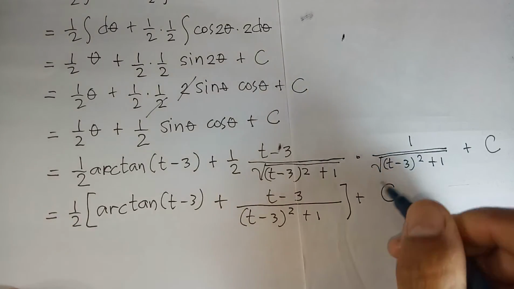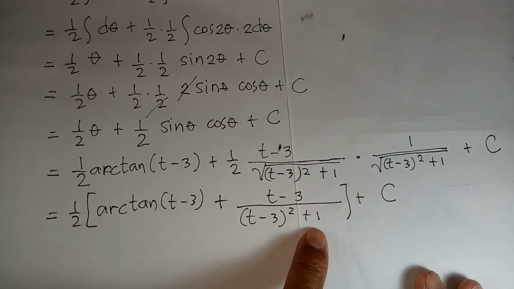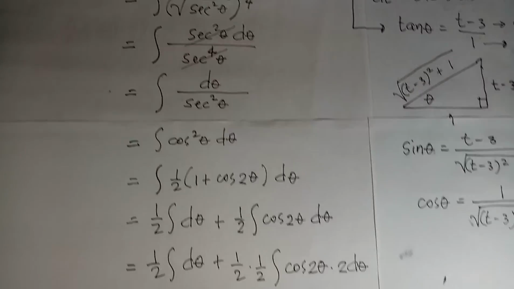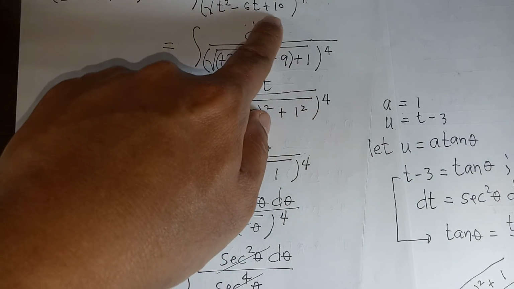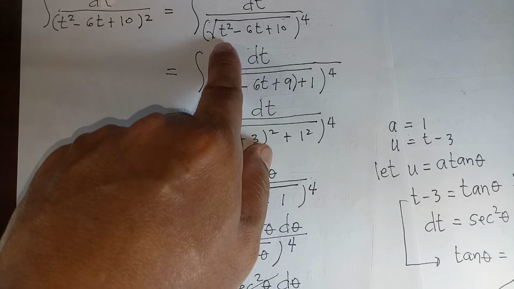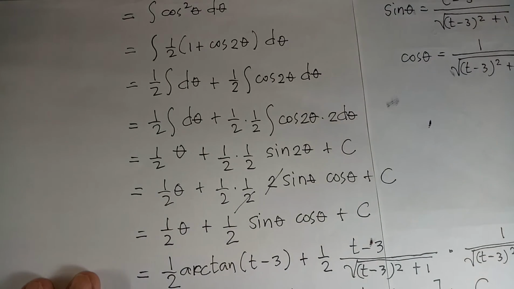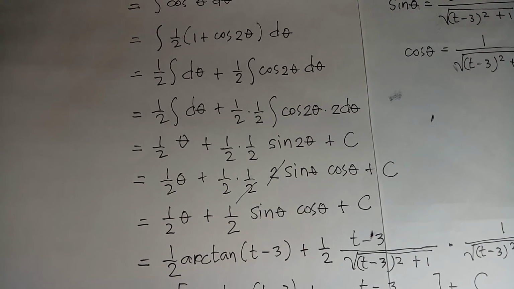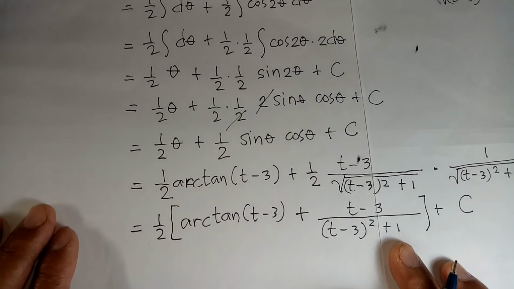Okay? Now, yung (t minus 3) squared plus 1 ay galing siya sa t squared minus 6t plus 10. So, susulat natin yung (t minus 3) squared plus 1 ng t squared minus 6t plus 10.